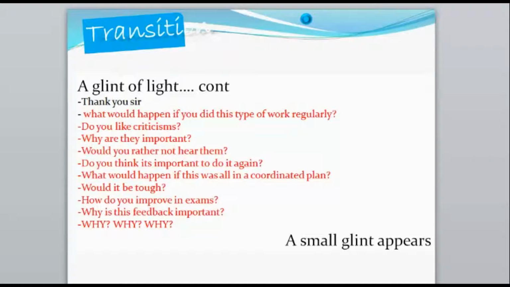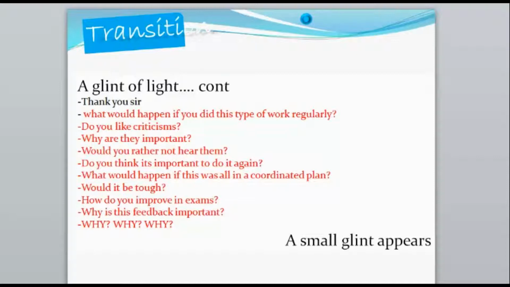So would you rather hear criticisms or not? And you grill them, not only on the exam technique, but on this psychology, which has shaped them for so many years. You say, why are these criticisms important? What would happen if you did all this in a coordinated plan? You're kind of saying, well, what would happen if you did this regularly?